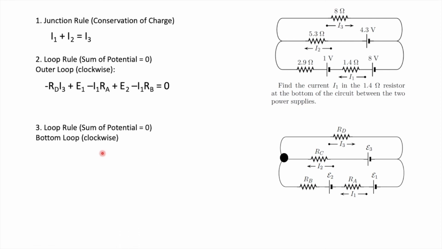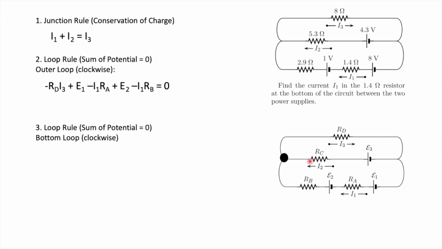And the bottom loop, so let's take the bottom loop and go in the clockwise direction. So bottom loop clockwise, here I'm going to go right. As I take my positive test charge to the right, look at that resistor here. The current goes to the left, so this is at high potential and low potential.